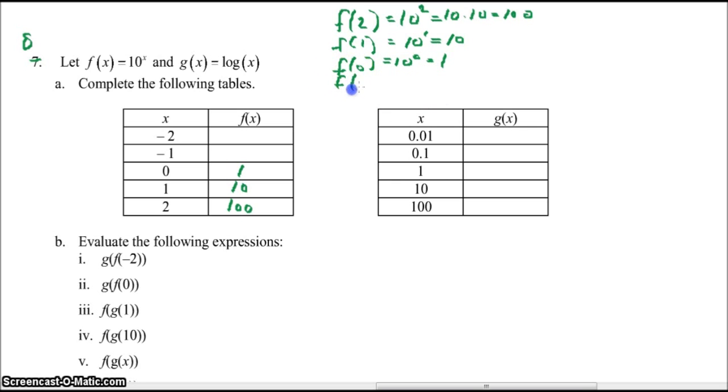F of negative 1 is 10 to the negative 1, which is 1/10, or 0.1. And f of negative 2 is 10 to the negative 2, which is 1 over 10 squared, which is 1 over 10 times 10, so 1 over 100, also known as 0.01.